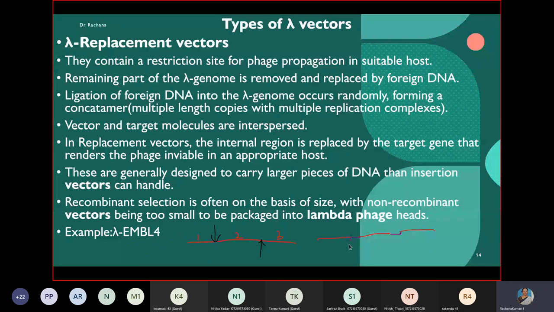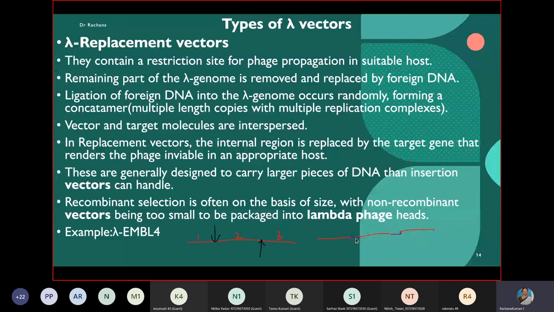Always remember, whenever we are targeting insertion of foreign DNA into the host genome, the ends which are generated should be cohesive ends. So these two ends should be cohesive ends, here also and here also. It should exist both on the viral DNA as well as on the recombinant or foreign DNA. Both of them should have similar tails.